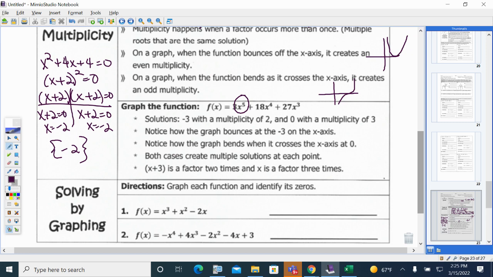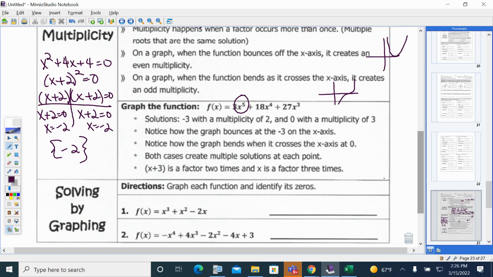It says, notice how the graph bounces at -3 on the x-axis. Again, that creates the 2 solutions. Notice how the graph bends as it crosses the x-axis at 0, creating an odd multiplicity. Both cases create multiple solutions at each point. X plus 3 is a factor 2 times, and x is a factor 3 times.